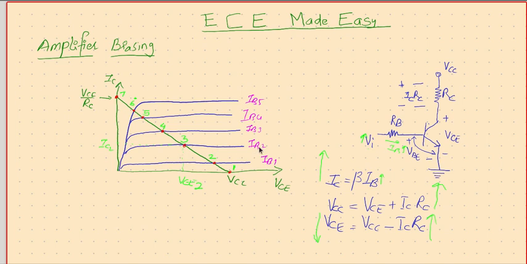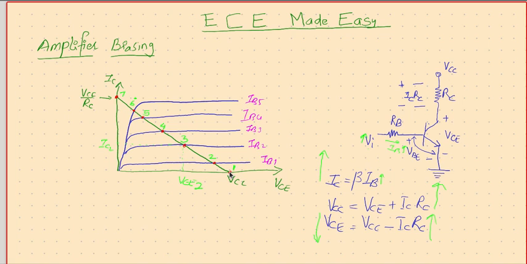So if it is IB2, then this transistor working will be such that there will be IC2 flowing here and VCE2 will be here. That's what this graph is talking, and this line called the load line is going to represent that. So as you change the value of IB, the operating point is going to move along this line.